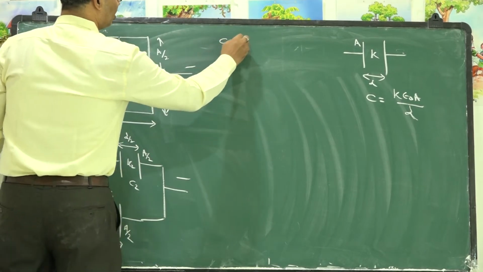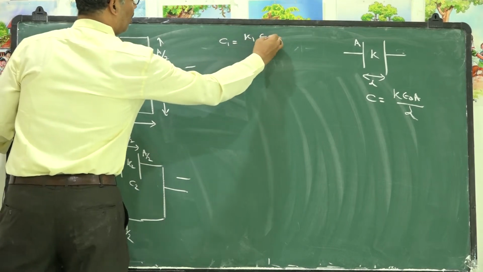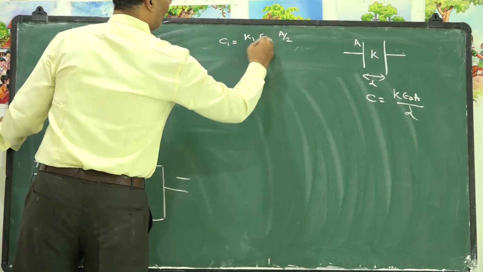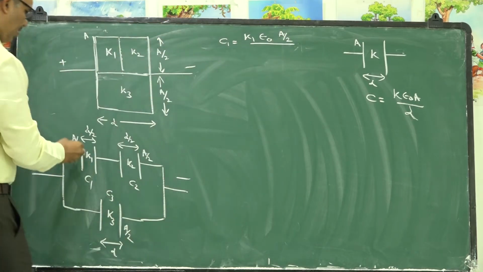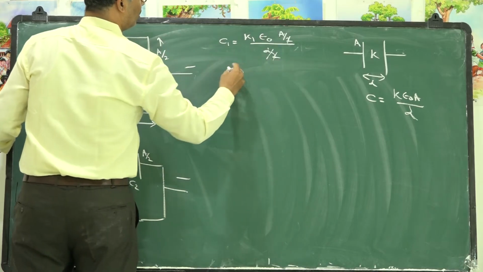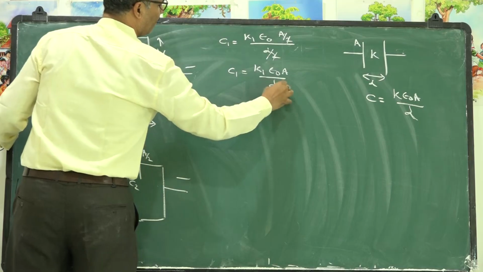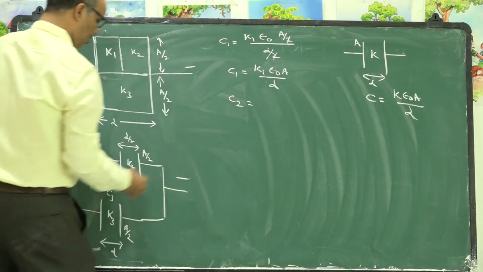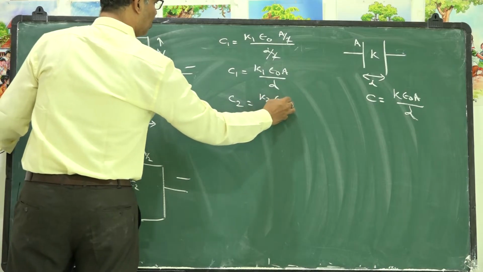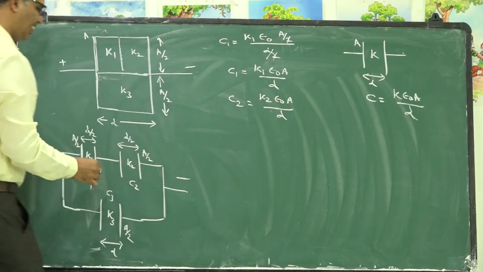Let me take these as capacitor 1, capacitor 2, capacitor 3. Capacitor 1's capacitance is K1 epsilon naught, with area A by 2 and separation D by 2. The 2 gets cancelled. So C1 becomes K1 epsilon naught A by D. Similarly, C2 becomes K2 epsilon naught A by D. Here also A by 2 over D by 2, and the 2 gets cancelled.